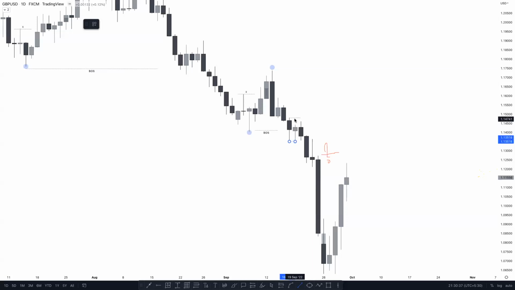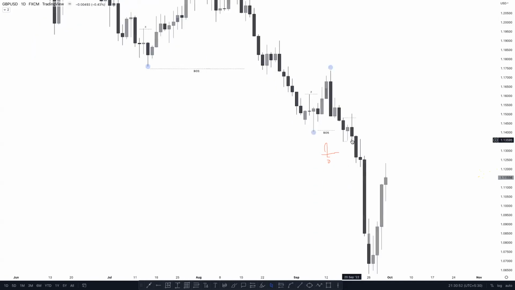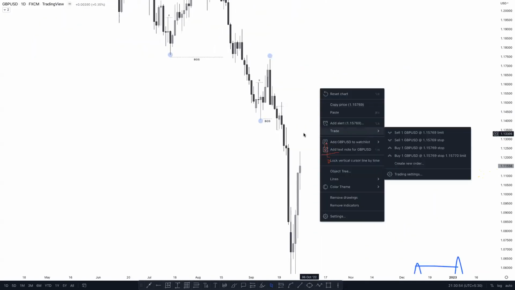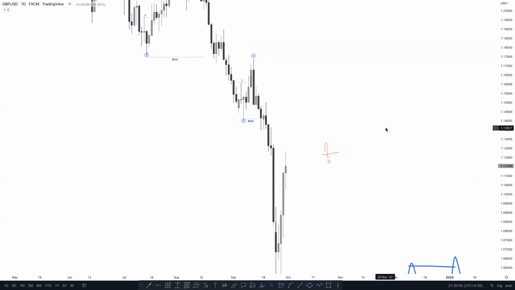So price must take out this high, right? Either if the market takes out this candle high, like this, then this becomes our valid one, but price did not take out the previous candle high. Okay, so let's switch into the 15-minute.